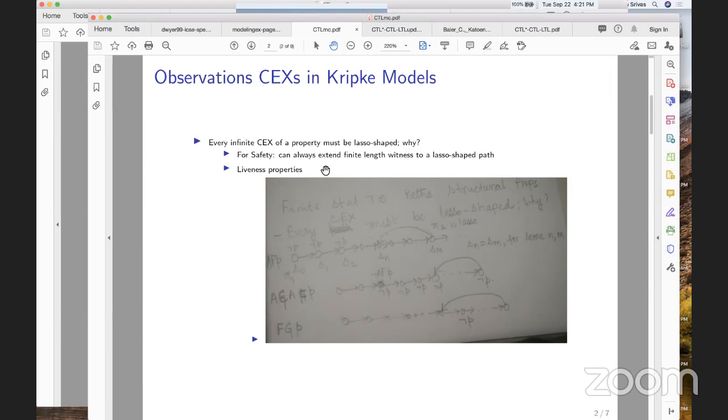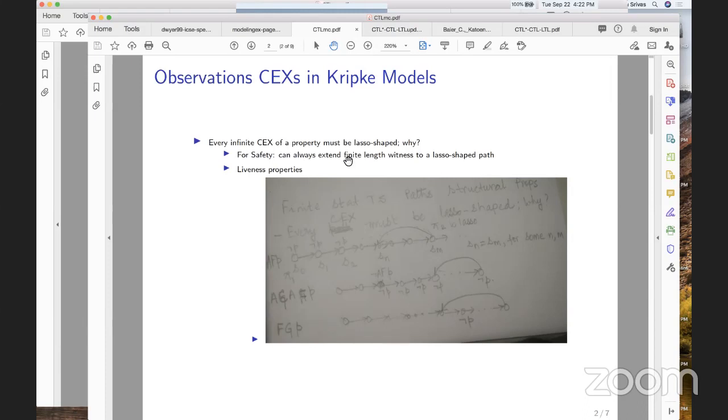Understanding this is somewhat important and useful before you understand how you can design model checking algorithms. So for safety, any witness to the violation, a counterexample, is of finite length. After that, you can extend it to make it an infinite path that is lasso shaped.